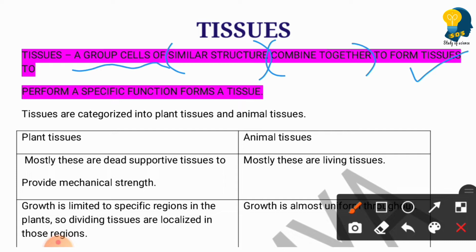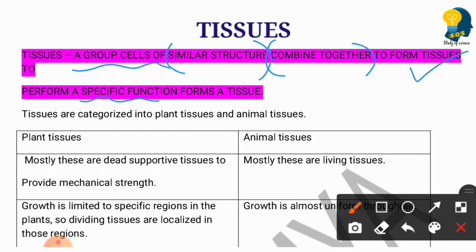And these tissues perform a specific function in a particular organ. The function may be digestion, circulation, excretion, respiration, control and coordination. There are so many functions which take place in our body. These specific functions are performed by a group of tissues.